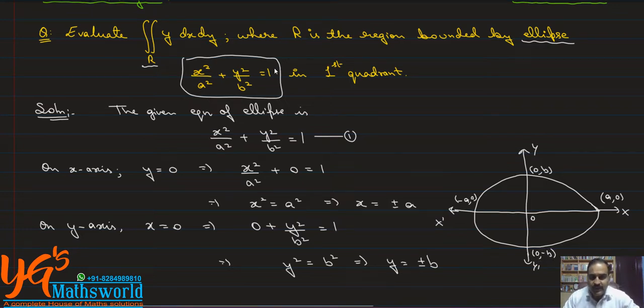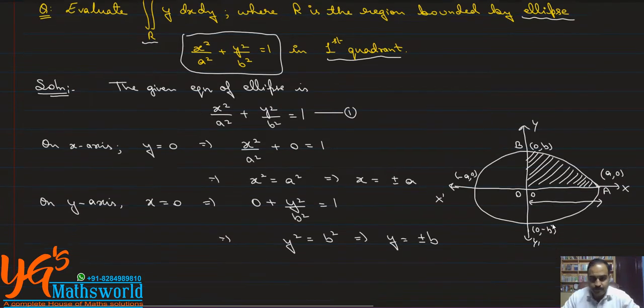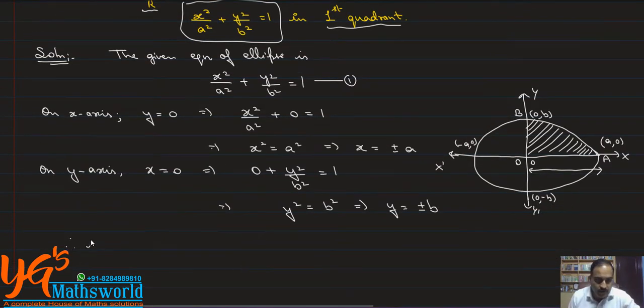Now in the statement we have to find the area bounded by this ellipse in the first quadrant only. That means we have to work in this quadrant only. So for that, the limit of x is fixed from this to this point. Let it be point A. This is O and this is B. Therefore, according to the question, required area is equal to area OAB.